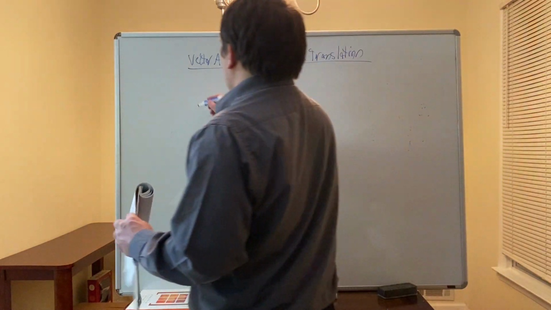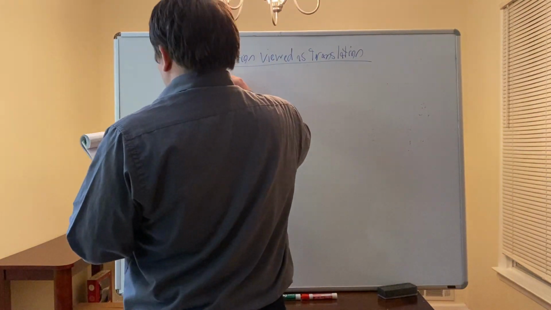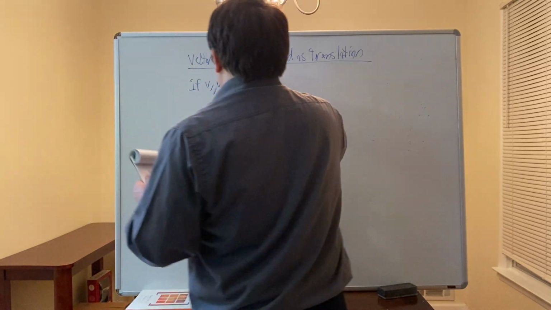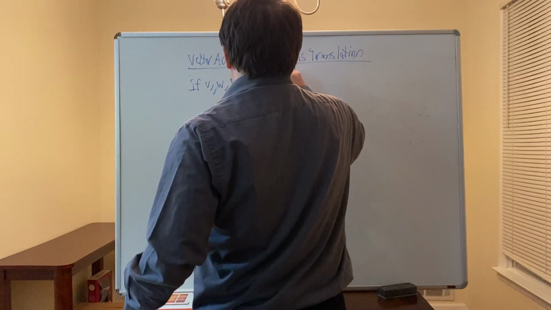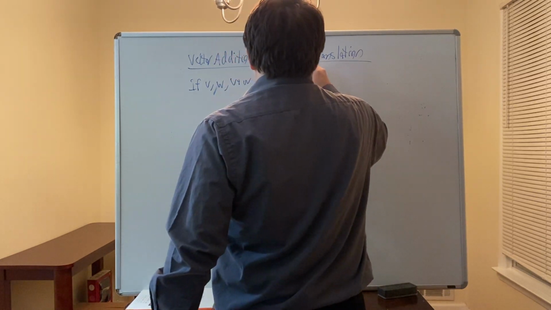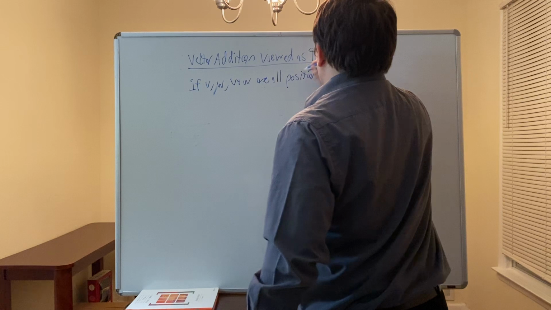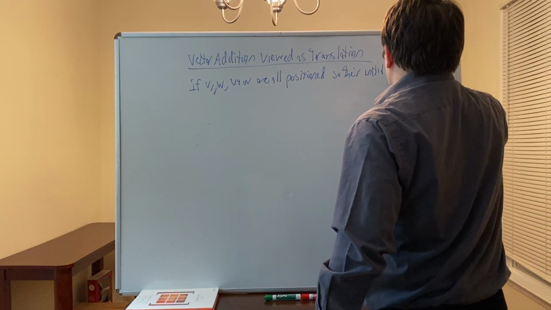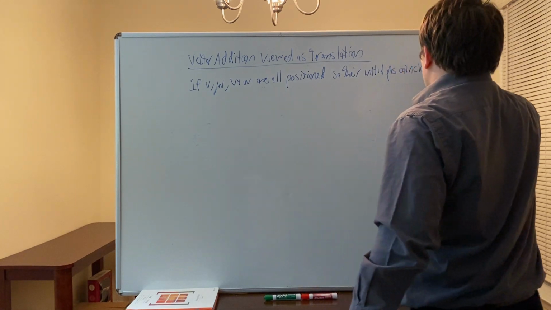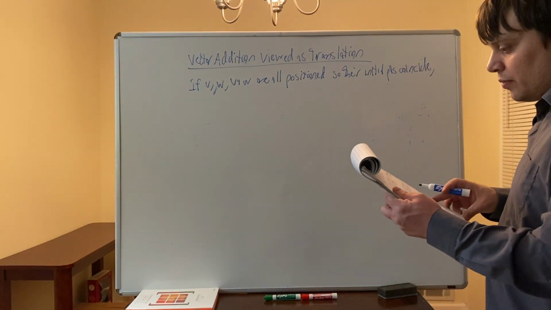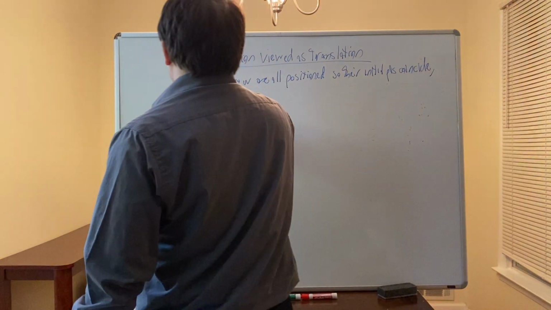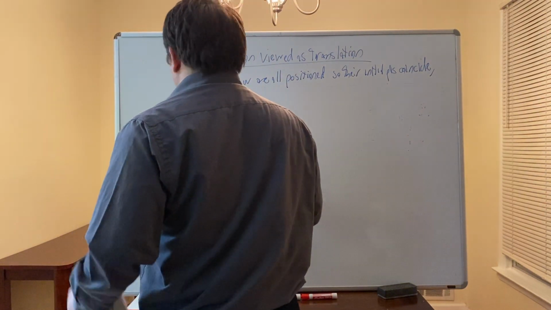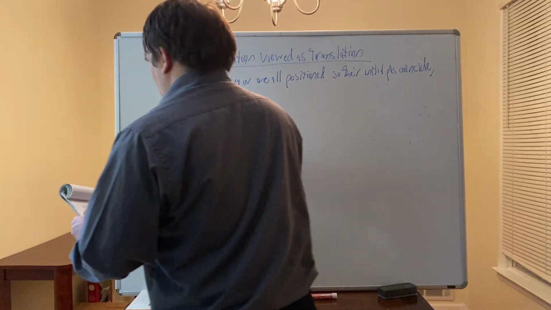The assumption here is if V, W, and V plus W are all positioned so their initial points coincide, then the terminal point can be viewed in two ways.